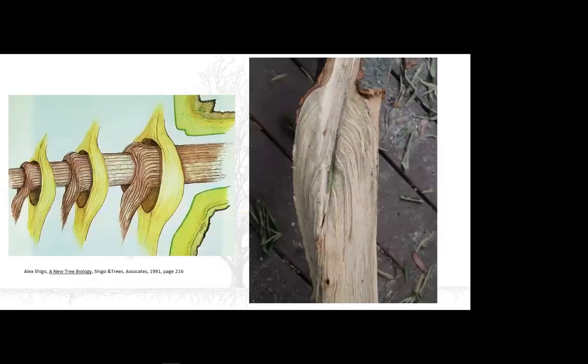Here is a diagram from Alex Shigo, who is in many ways, he's not the father of arboriculture, but he's the one who put it on more of a sound scientific basis. Throughout the 70s and 80s, he cut up a lot of trees with a chainsaw to figure all this stuff out.